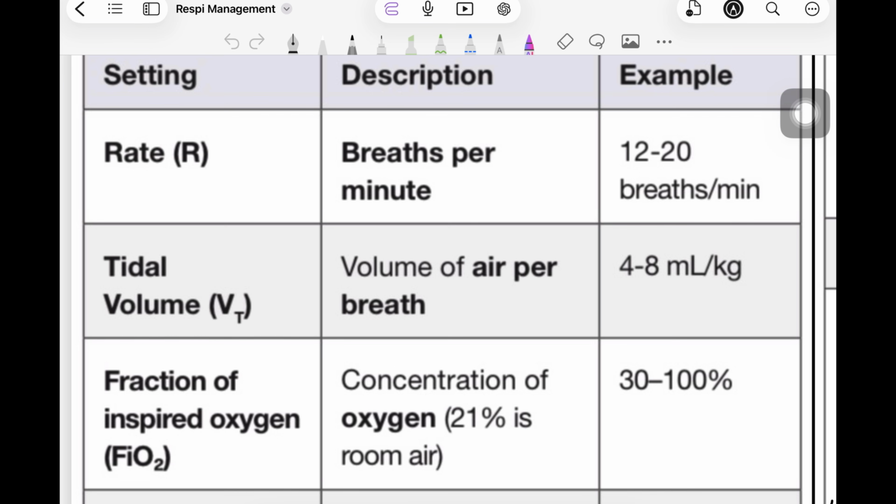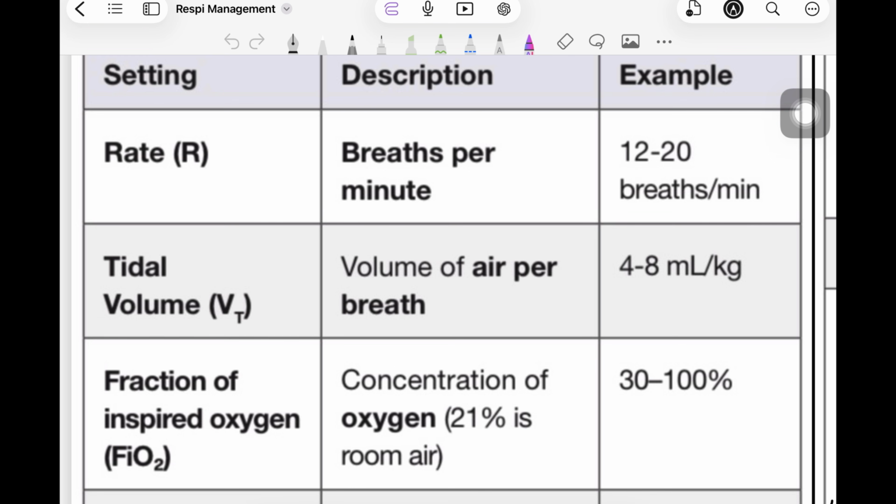Ang room air is, anong sinabi natin? 21%. So, the ventilator may deliver, ilan? Either 30%, 40%, 60%, up until 100%. So guys, kapag huminga yung pasyente, for example, 60% nun contains oxygen, and 40% contains what? It contains nitrogen and other gases.